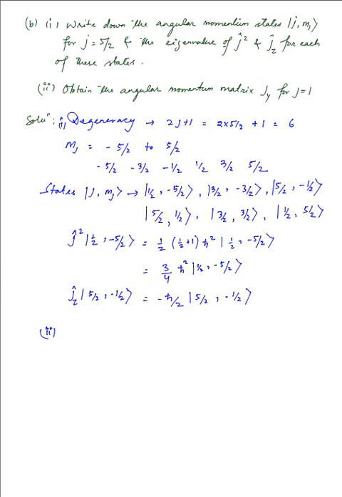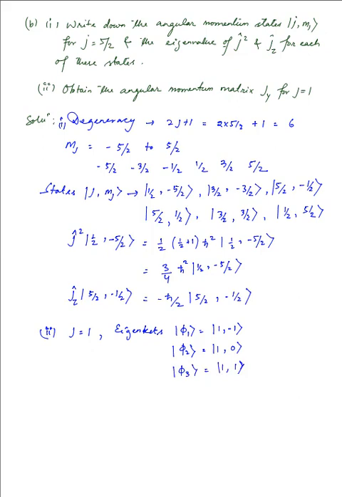And in the next bit we are supposed to obtain the angular momentum matrix for Jy at j equal to 1. Now for j equal to 1, we have the eigenkets, 3 of them. We'll take phi 1 as 1 minus 1, phi 2 as 1 0, and phi 3 as 1 1.